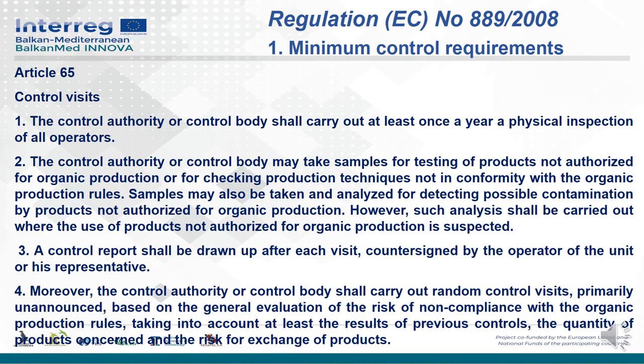Samples may also be taken and analyzed for detecting possible contamination by products not authorized for organic production. However, such analysis shall be carried out where the use of products not authorized for organic production is suspected.